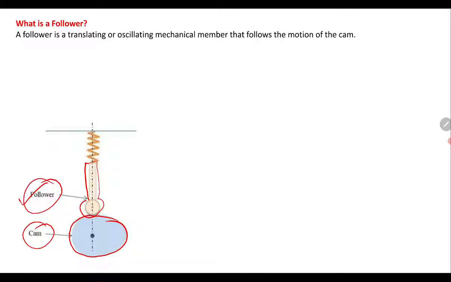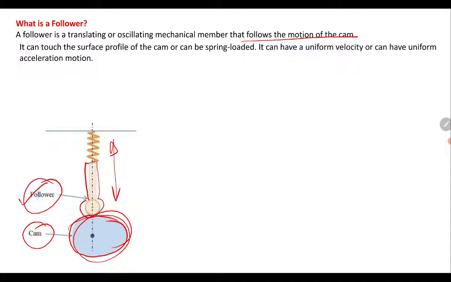How is the motion of the cam? It follows the up and down motion here in this particular sketch. It can touch the surface profile of the cam or can be spring loaded. Here you will see that the spring is available. It can have a uniform velocity or can have uniform acceleration motion.